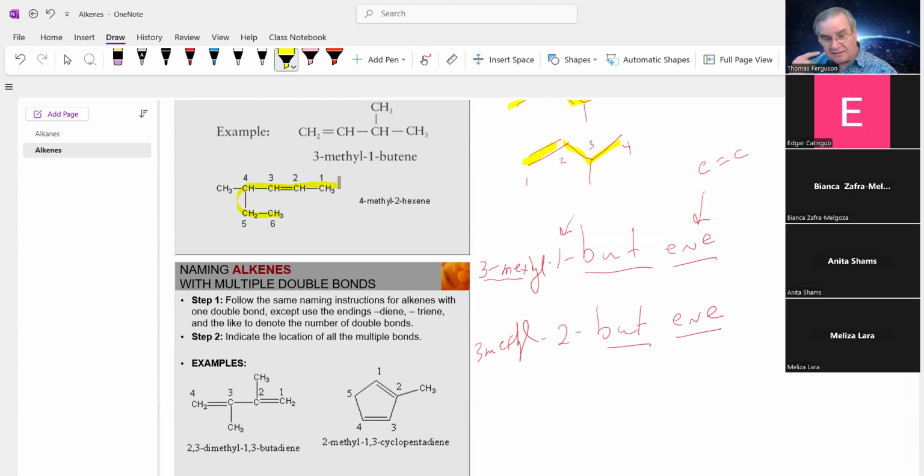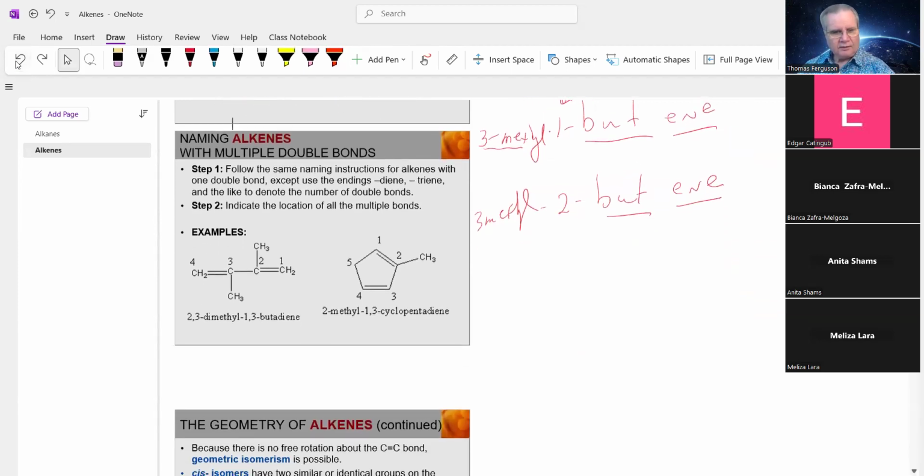And whenever you see this setup, a lot of students will fall into this trap where they go straight across like this, being the longest chain containing a functional group. So you have to be careful. You've got to go every which way to figure out which is the longest.